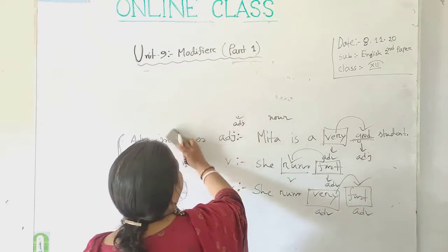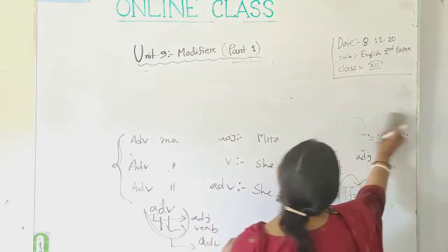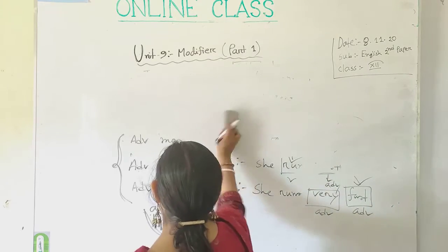Now we see that there are two types of modifier.